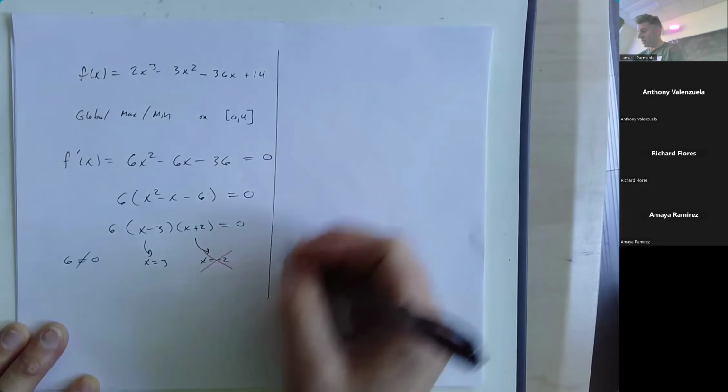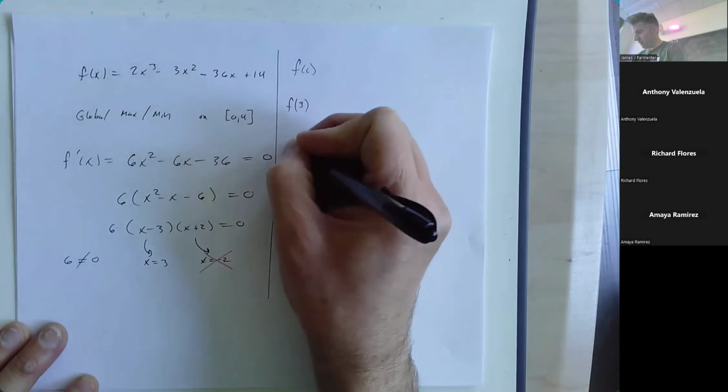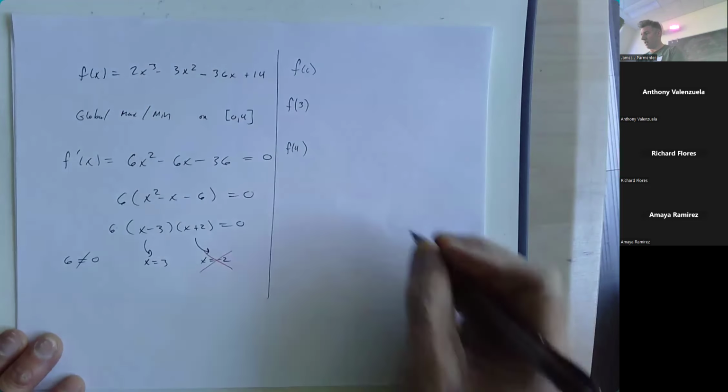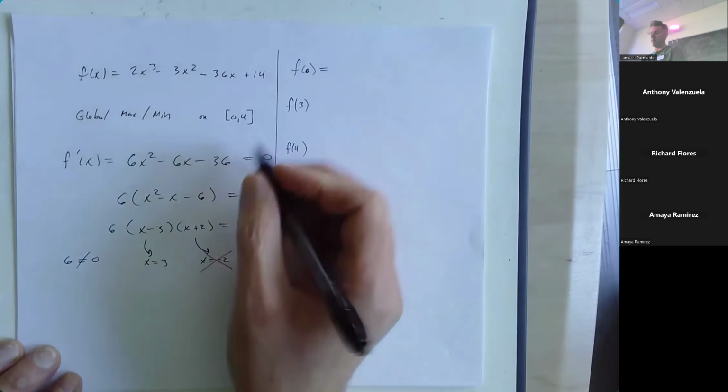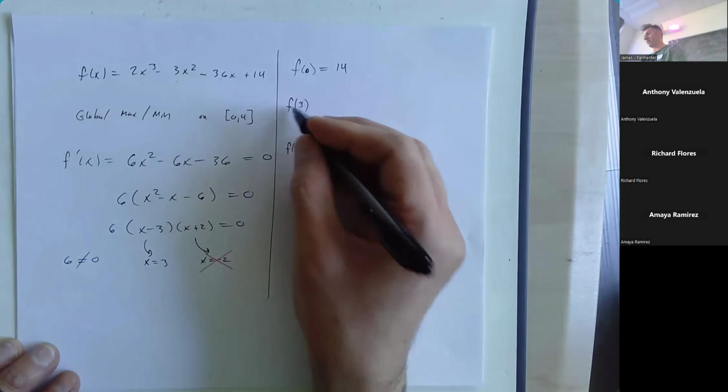So we're going to look at f of 0, f of 3, and f of 4. And it's not going to be pretty here, but we'll do it anyway. F of 0 is not bad. It's 0 minus 0 minus 0 plus 14. F of 3 is going to be a little bit of work.